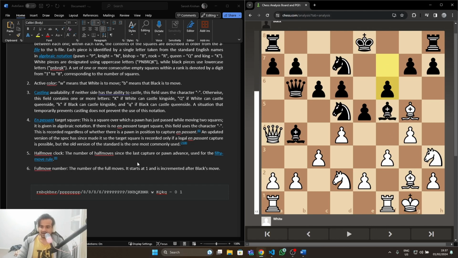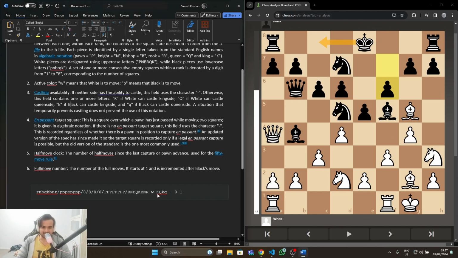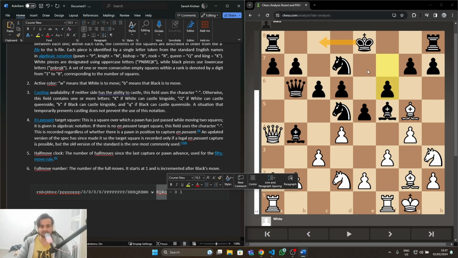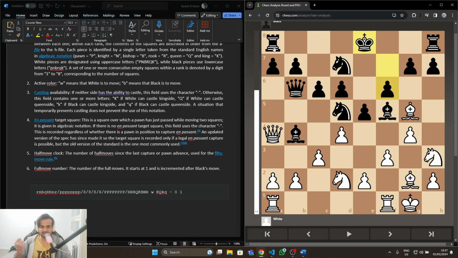So even though he can't castle queenside right now, you would still add it because he can potentially castle. This only accounts for whether the king or the rooks on that particular side have moved or not. So that's important.